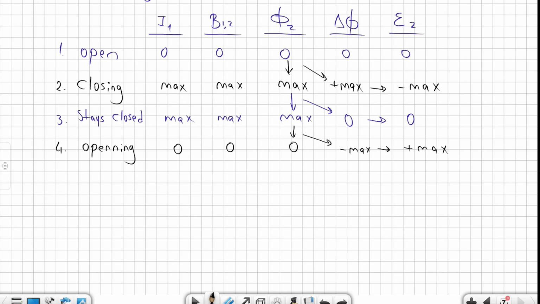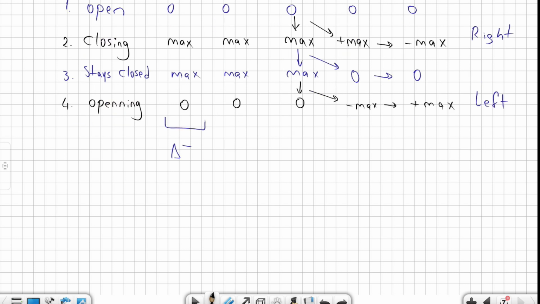If we pay attention to the needle of the galvanometer, we will see that if at the moment of closing the needle was moving to the right side, at the moment of opening the needle will go to the left, and that is because the change is opposite or reversed, so the induced EMF will also be reversed.